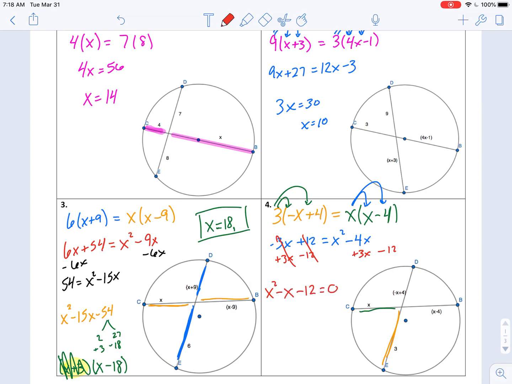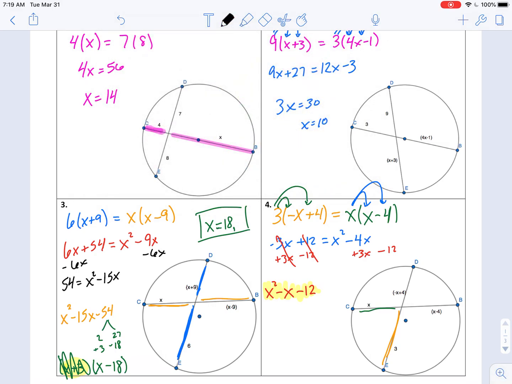And I can get x squared minus x minus 12 equals 0. And remember, we really don't need to worry too much about that equals 0 part. So hopefully you're with me up to this point.